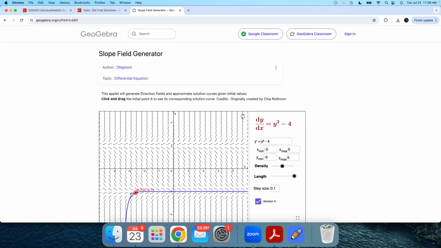Similarly, if my curve passes through y equals negative 2, then that's an equilibrium solution. But what if my y value is negative 1.59?